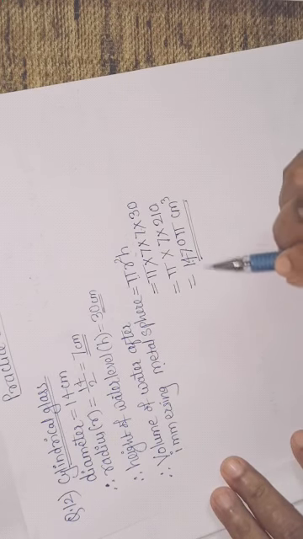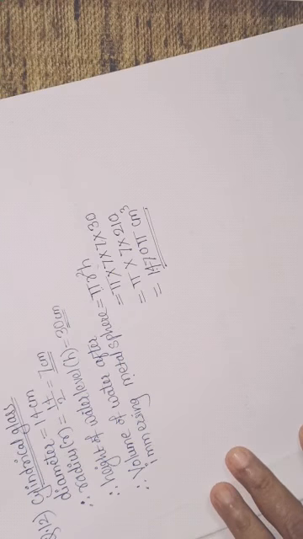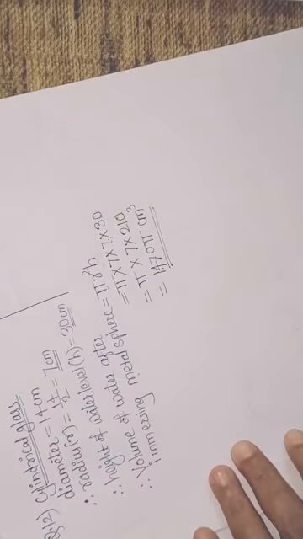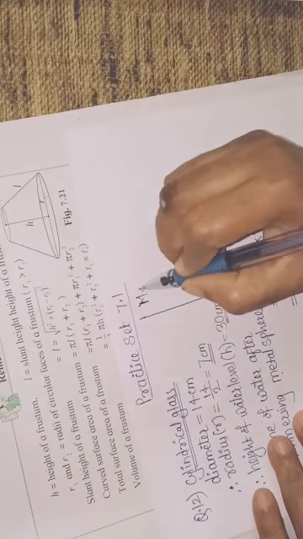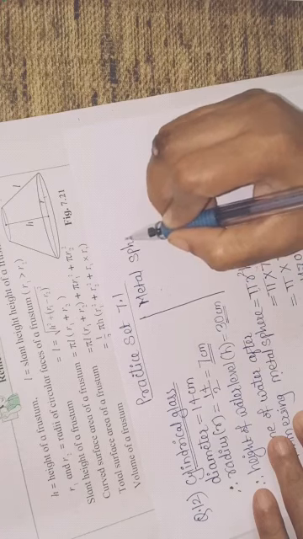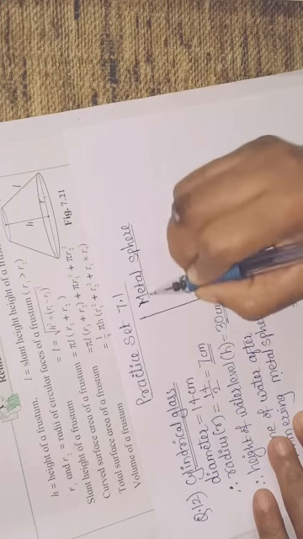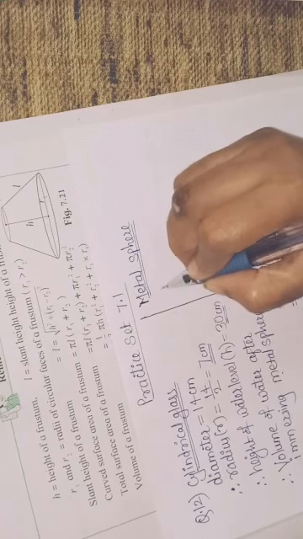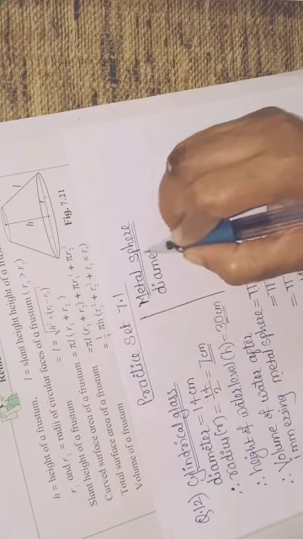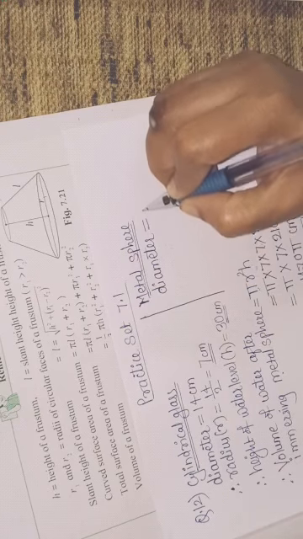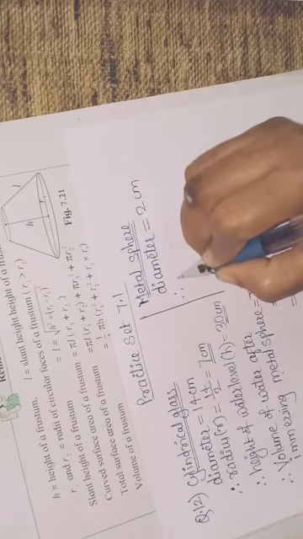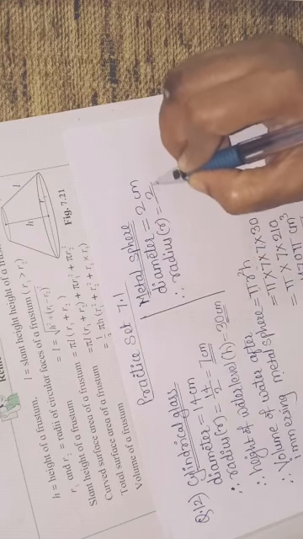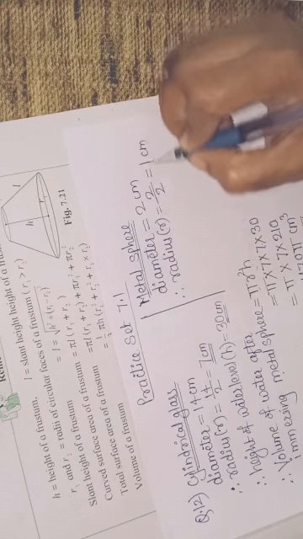Now next shape we have is the metal sphere. So it has only one dimension, radius. Diameter is given 2 centimeter and therefore radius is 2 upon 2, which is equal to 1 centimeter.